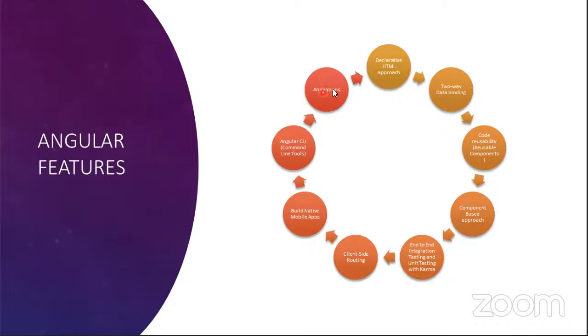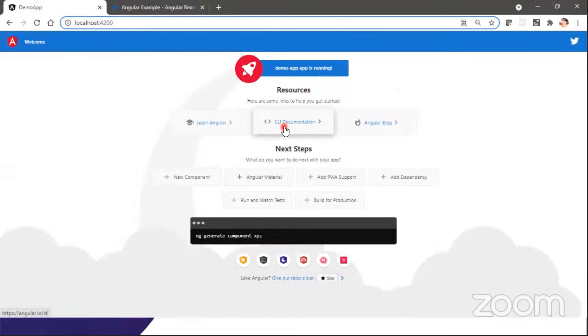And animations are nothing but, let's say, this is one of the animations when you're hovering the mouse on that particular one, and not only limited to this. Animations like some kind of content flowing from here to here, and top to bottom.